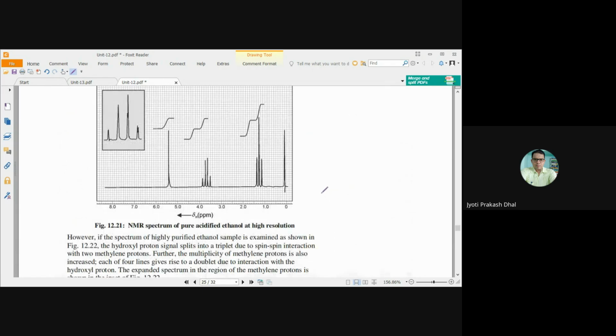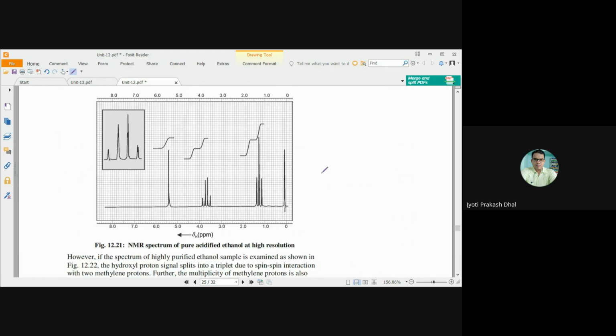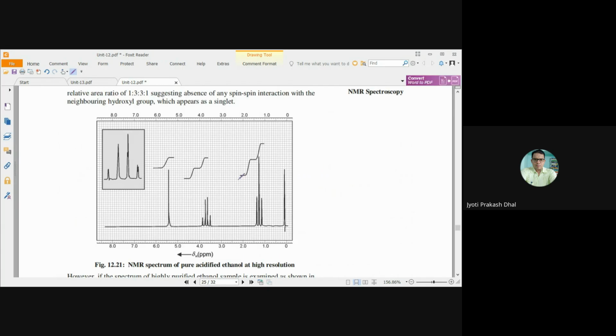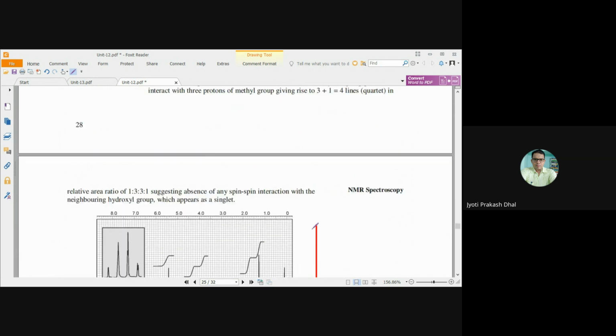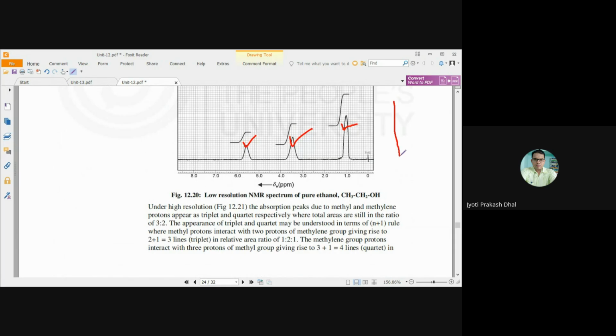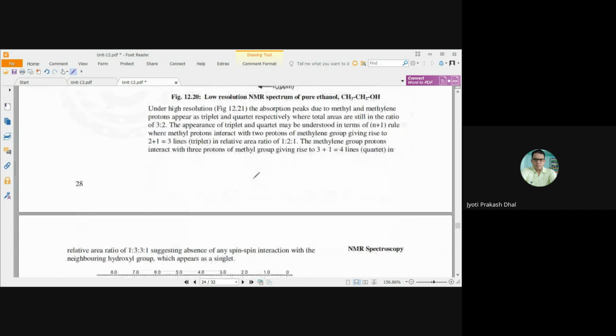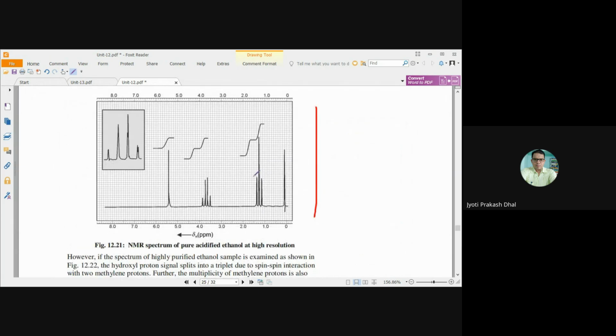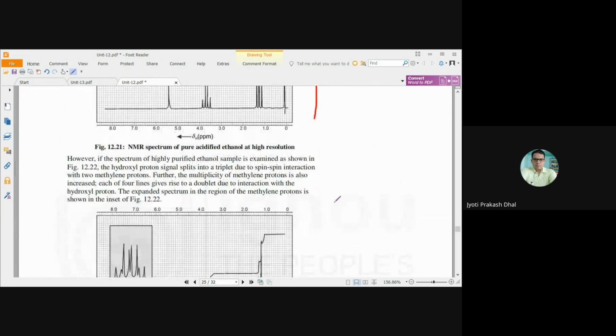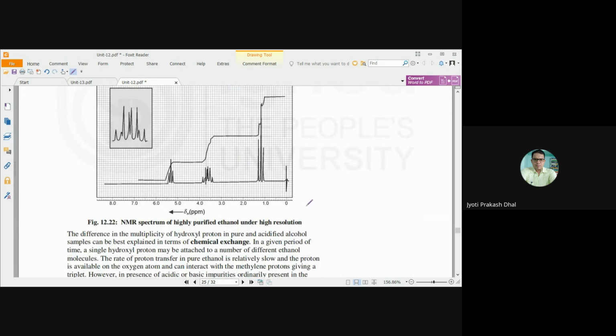And similarly, this is the NMR spectrum of acidified pure ethanol. This is at high resolution, and this is at low resolution, because at low resolution no chemical splitting will be observed, but in the case of high resolution, chemical splitting will be observed. And this is the NMR spectrum of highly purified ethanol under high resolution.